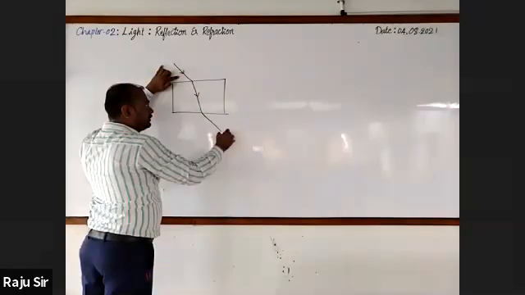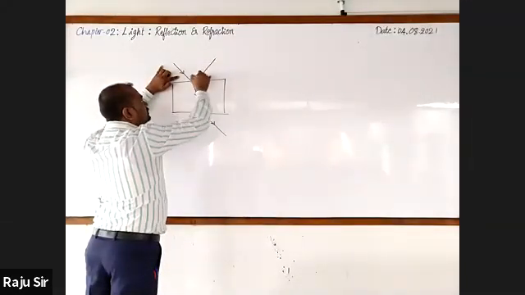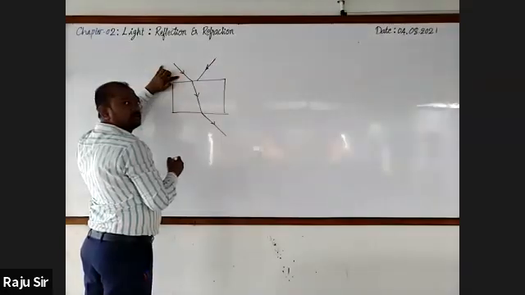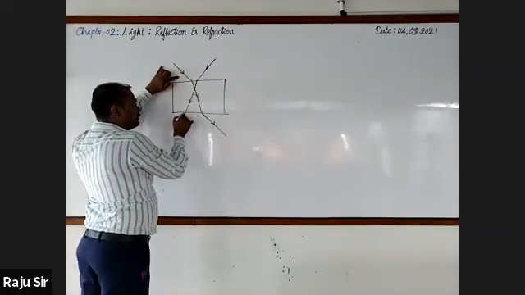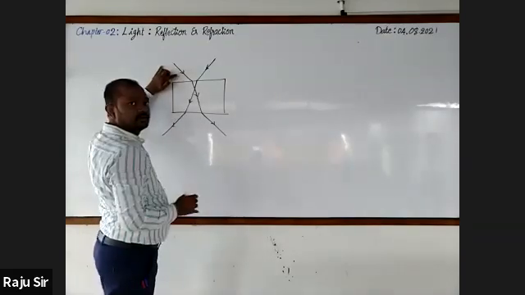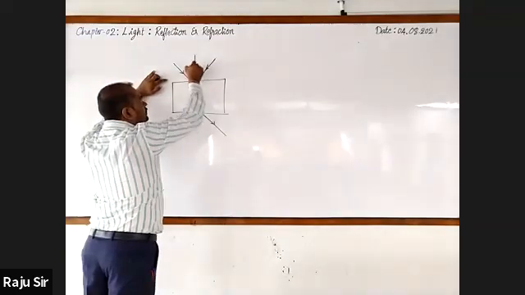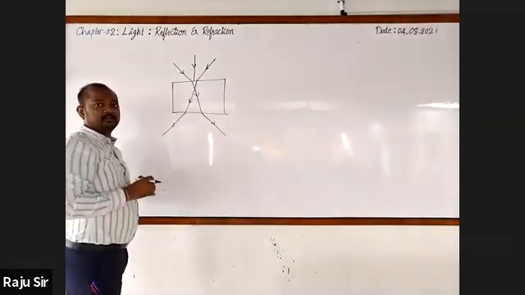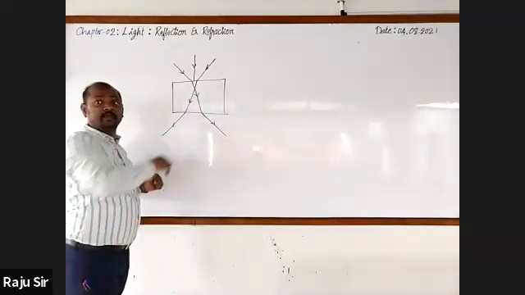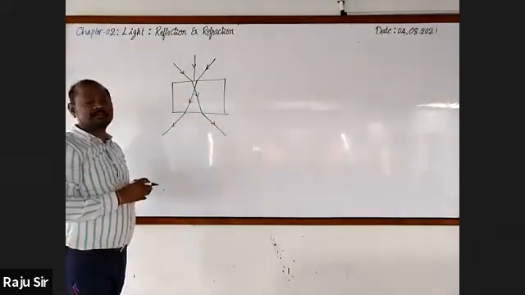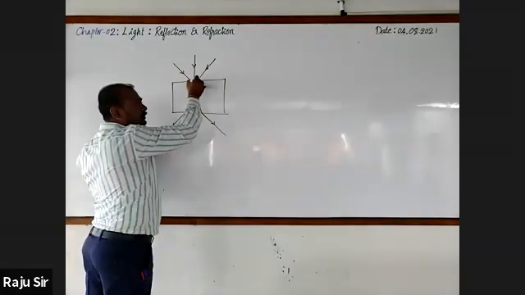This is the incident ray. This ray is the refracted ray. This is the emergent ray. And this is the normal. But if the ray is incident normally on the surface of the slab, then it goes straight.